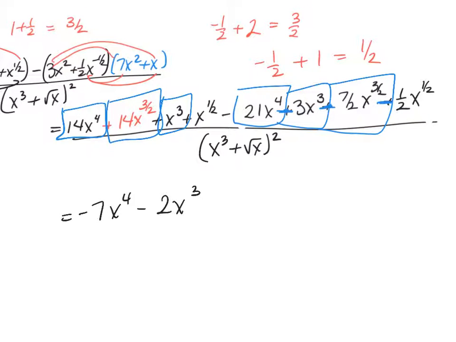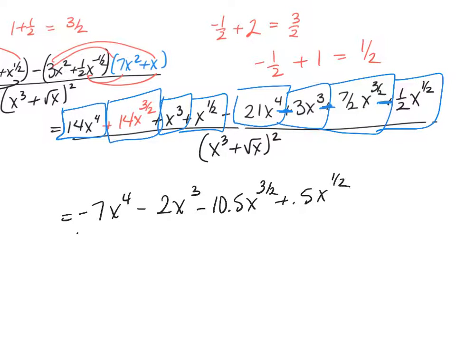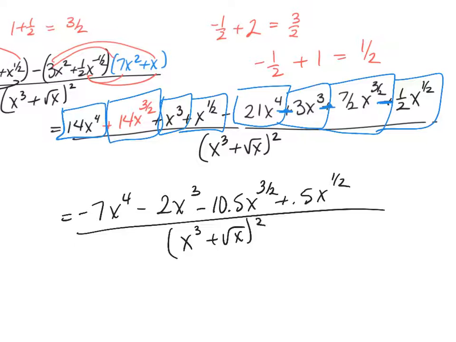So 14 minus 3.5 gives me what? 10.5. X raised to the 3 over 2. My very last grouping then is my x raised to the 1/2. So what's 1 minus 1/2? So plus 0.5 x to the 1/2. All over this lovely x cubed plus the square root of x, squared. And there it is in all of its glory.